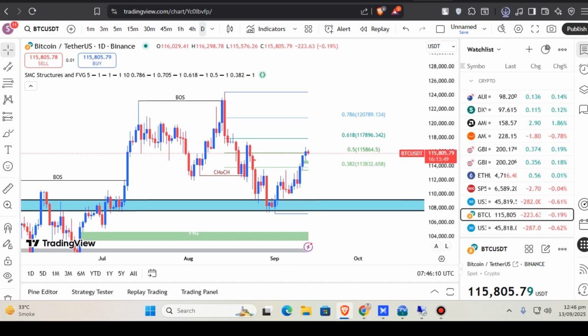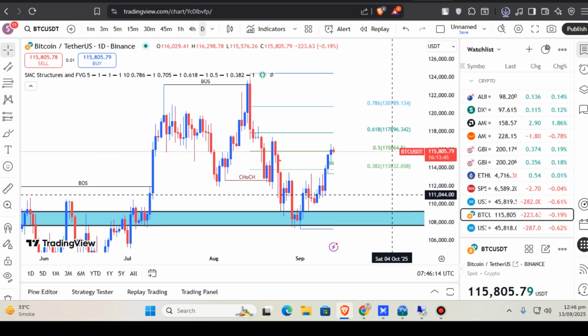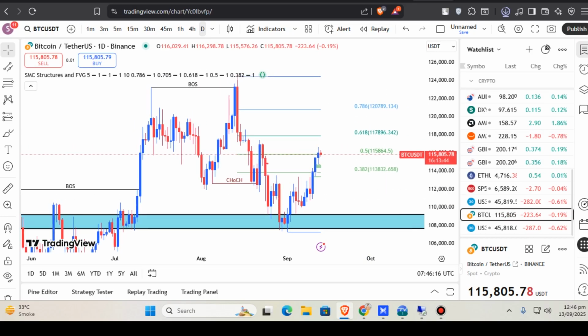So what is the best way for taking entries in this type of market? You have to see these Fibonacci levels. If you find any candlestick patterns like bearish engulfing or evening star in the 4 hour or 1 hour at these levels, then you can take entry for the sell side, but only with an SL.